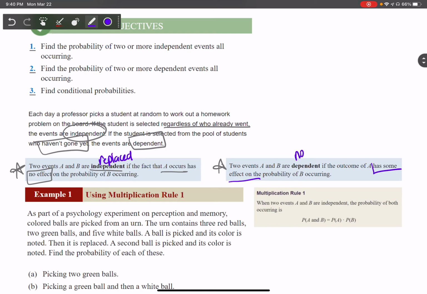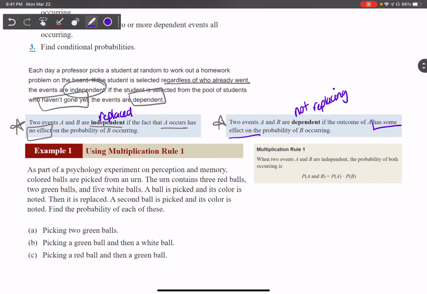So it's out of the way, meaning that everything left in there has opportunity to be pulled. Okay, drawing a second card. Another example would be the lottery ball tumbler. If you select a lottery ball, don't replace it, and then draw a second ball, what happens in the second draw depends on what happened in the first draw.